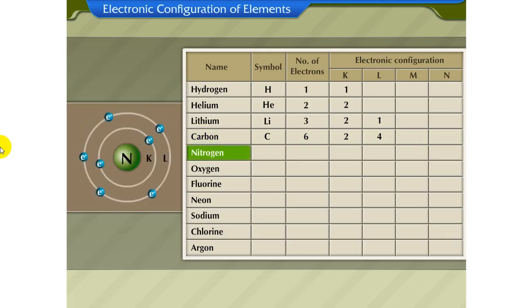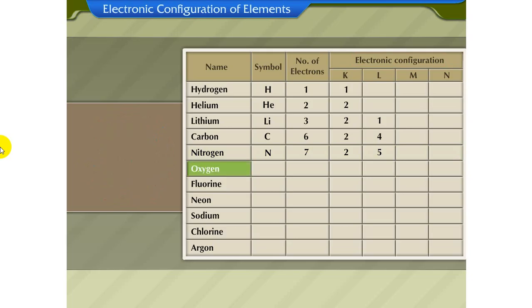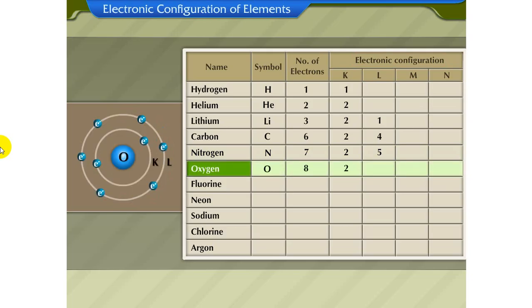Next is nitrogen, N. The number of electrons is 7. Therefore, the electronic configuration is 2, 5. This means 5 electrons are in the L shell. Similarly, the electronic configuration of oxygen is 2, 6.